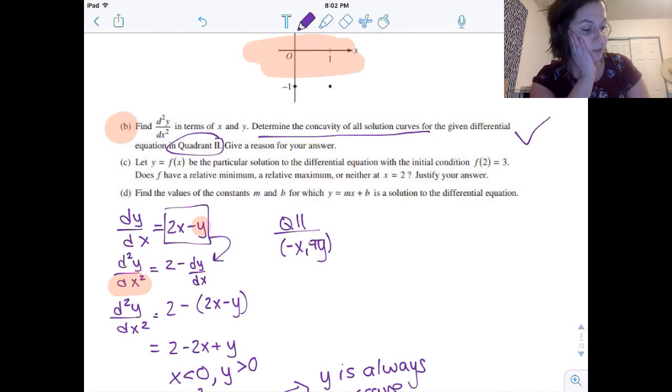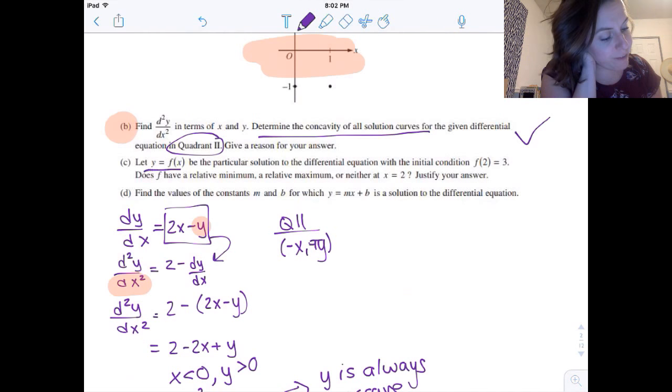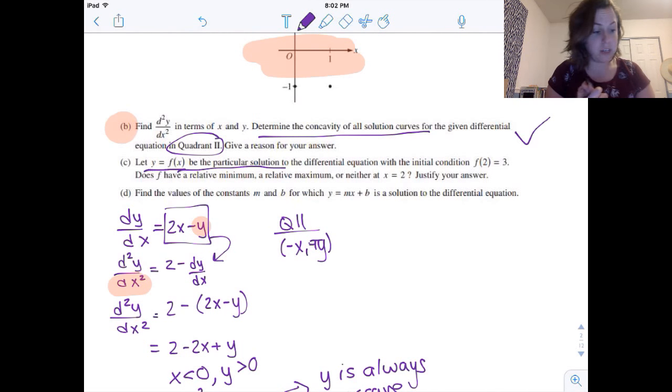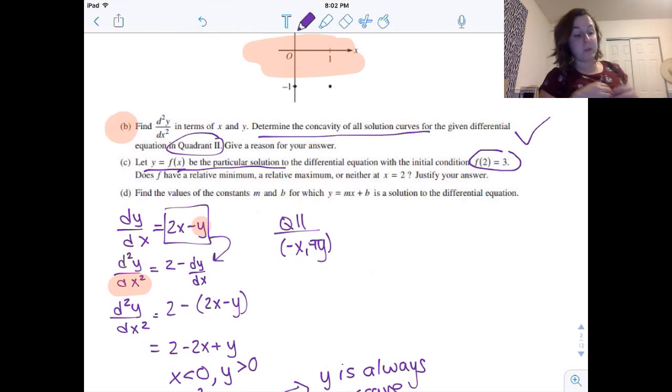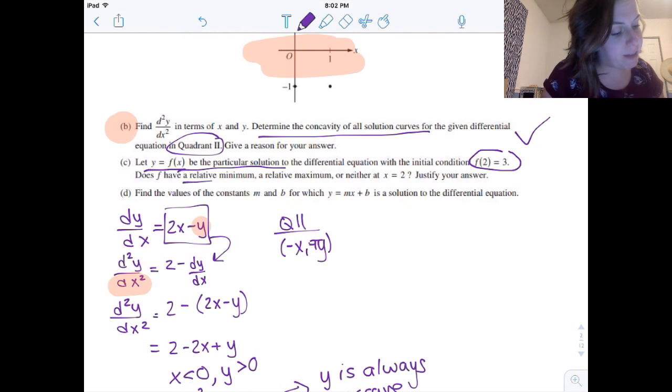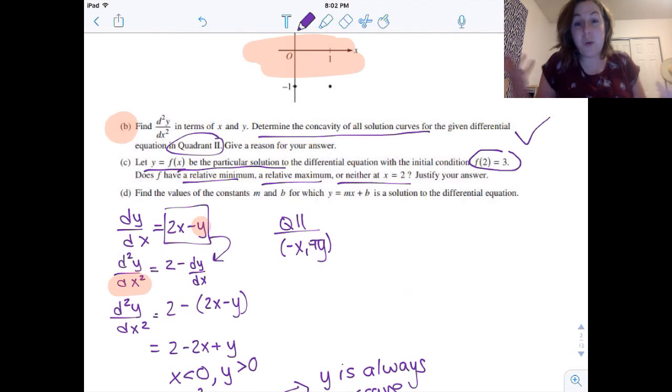Okay, so this says, let f of x be a particular solution. Notice it does not say to find the particular solution. It says assume it is, right? With this condition, so I know at 2 it equals 3. Does this have a relative min, a relative max, or neither at 2? Well, I don't have the function. So let's think about how we would figure this out.